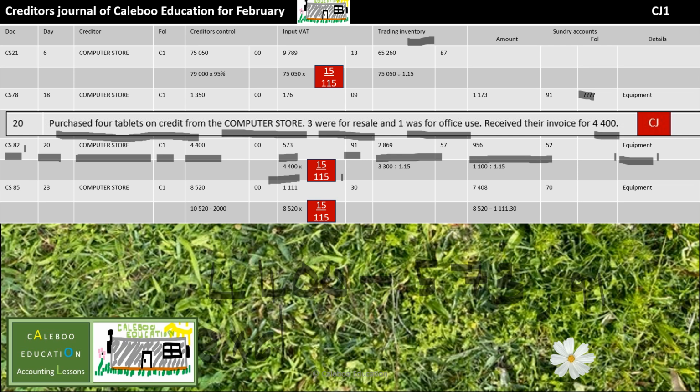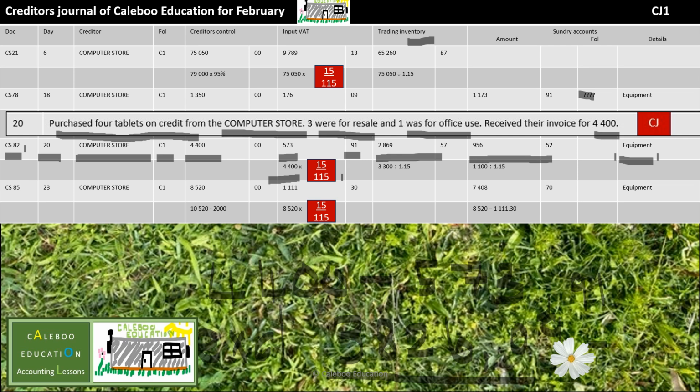I punched it into the calculator and that gives me 3826.09. Now that is for 4 tablets excluding VAT.